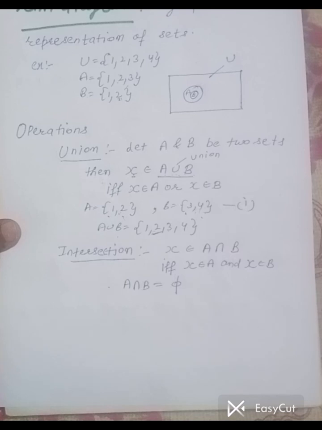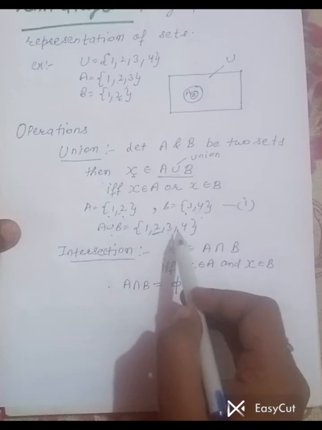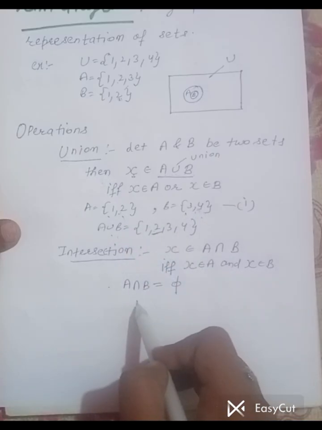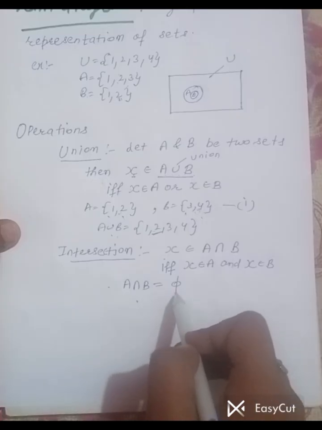So I think you understand very well that in union the elements must be in either of the two sets, but in intersection the elements must be in both of the sets.